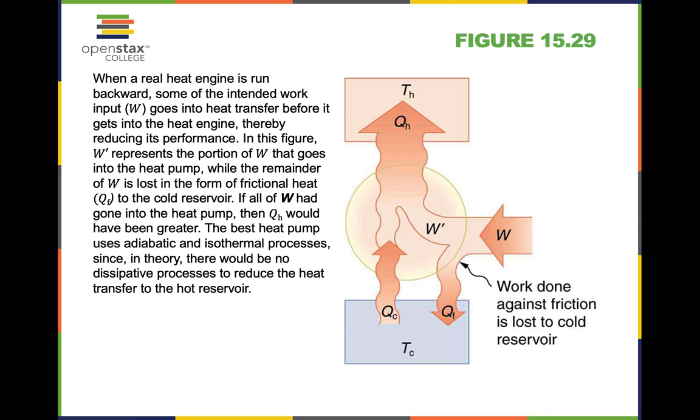If all of W had gone into the heat pump, then Q_H would be greater. The best heat pump uses adiabatic and isothermal processes, since in theory there would be no dissipative processes to reduce the heat transfer to the hot reservoir.